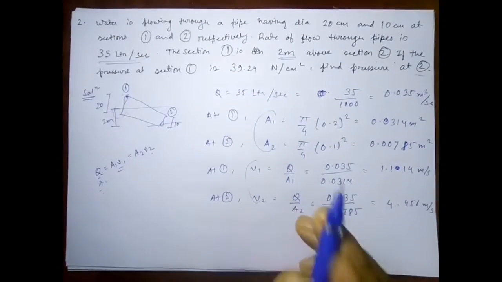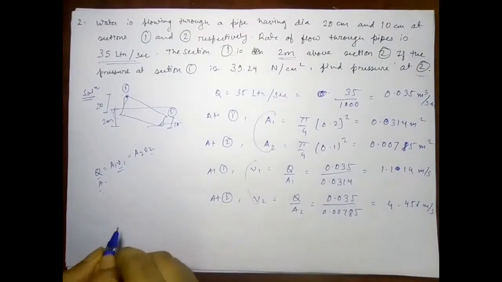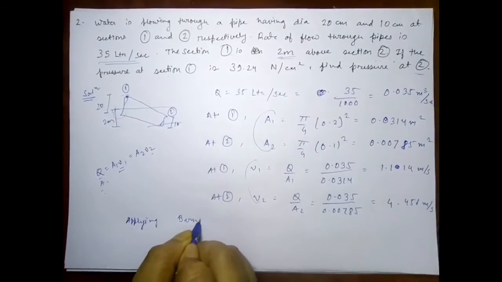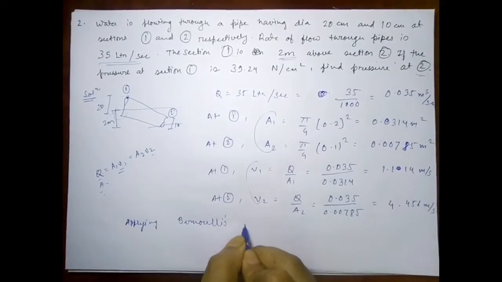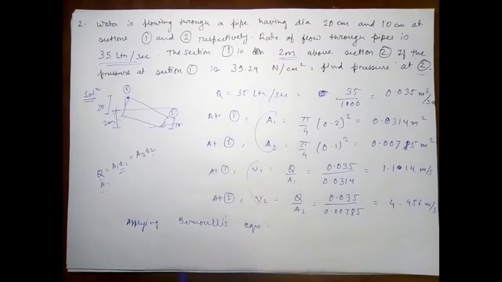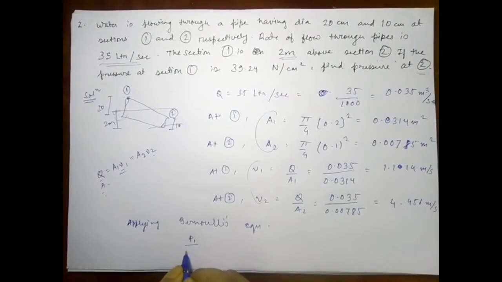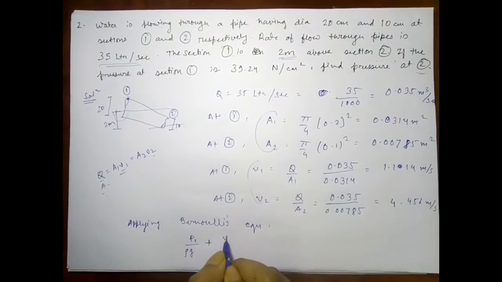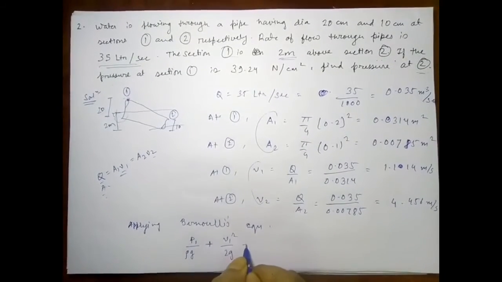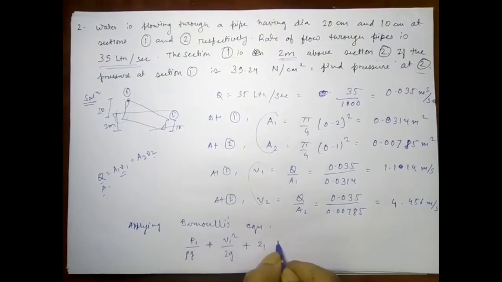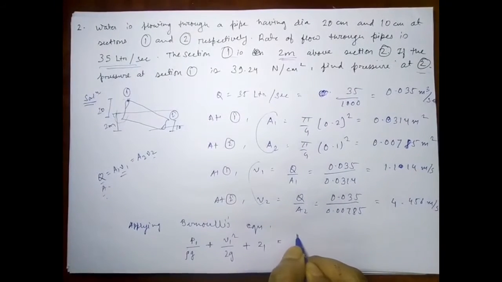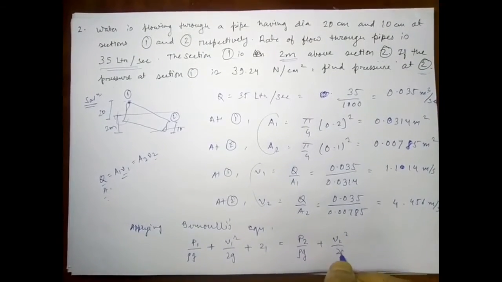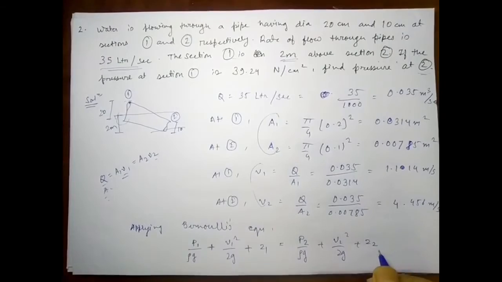and let's apply the Bernoulli's equation. On applying Bernoulli's equation, that is P1 upon rho g plus v1 square upon 2g plus z1, that is equal to P2 upon rho g plus v2 square upon 2g plus z2.